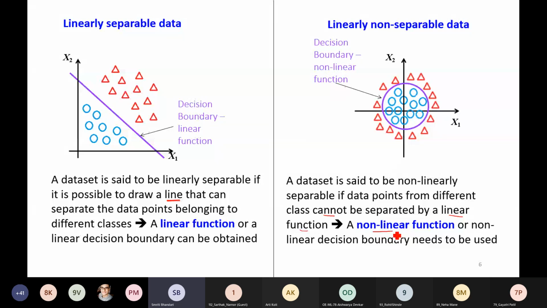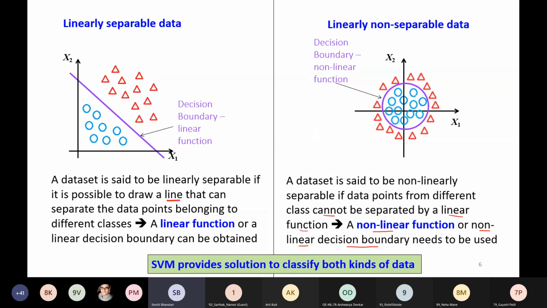So please remember, we have two kinds of data: linearly separable data and linearly non-separable data. Now, why are we discussing this? Because whenever we talk about support vector machines, SVM provides a solution to classify both kinds of data. I'll repeat, support vector machine provides a solution to classify both kinds of data.